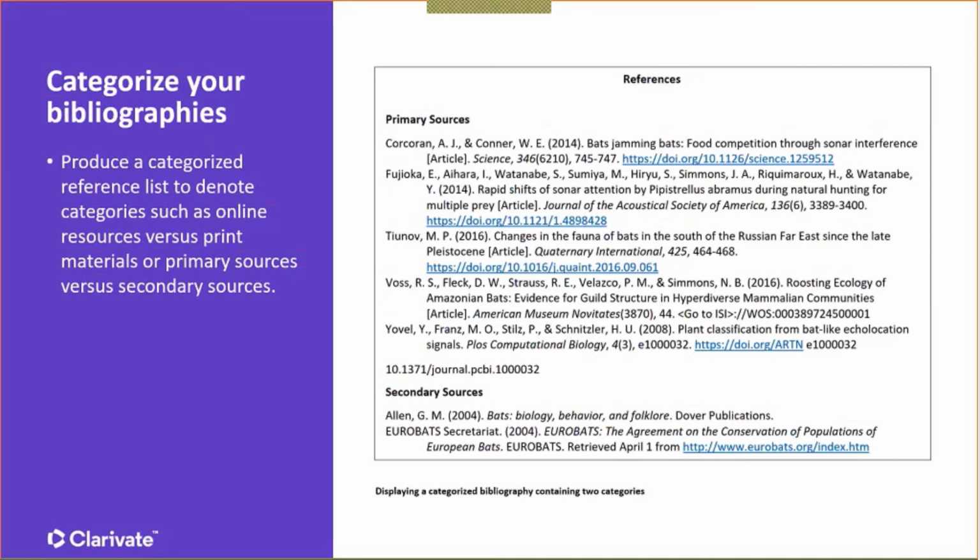And with the EndNote add-in for Cite While You Write via EndNote 20, you can choose to enable this Categorize References feature, and then you can go in and define your various categories and tell EndNote which category each one of your cited references should be associated with. And within a single Word document, you can make one overarching bibliography that has multiple categories if your research project or your report required such a formatting requirement.